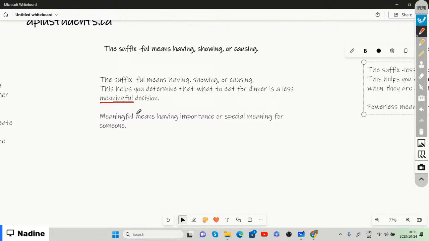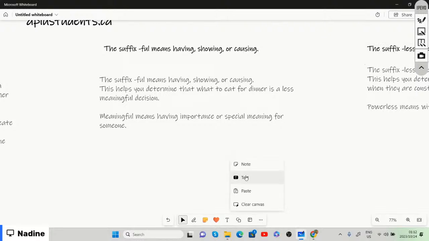And if we specifically look at our base word, let's look at a base word that works for both less and full. Let's say help.